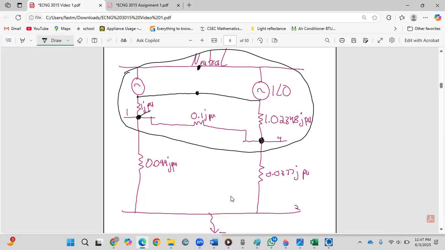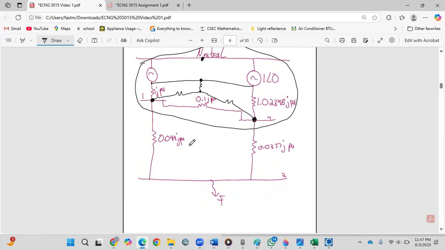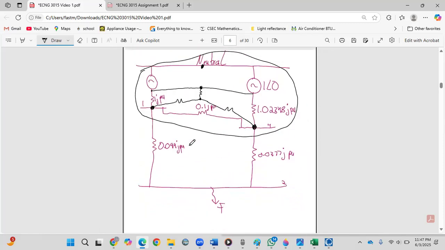So this is the first one. Then we have one at the bottom. Since we want to convert it to the star, we put a dot in the middle. So there's the first impedance, then the next one going here, and then the next one going there. That will be the result when we convert these three into a star. We can do it one by one. For now, let's just draw the two.